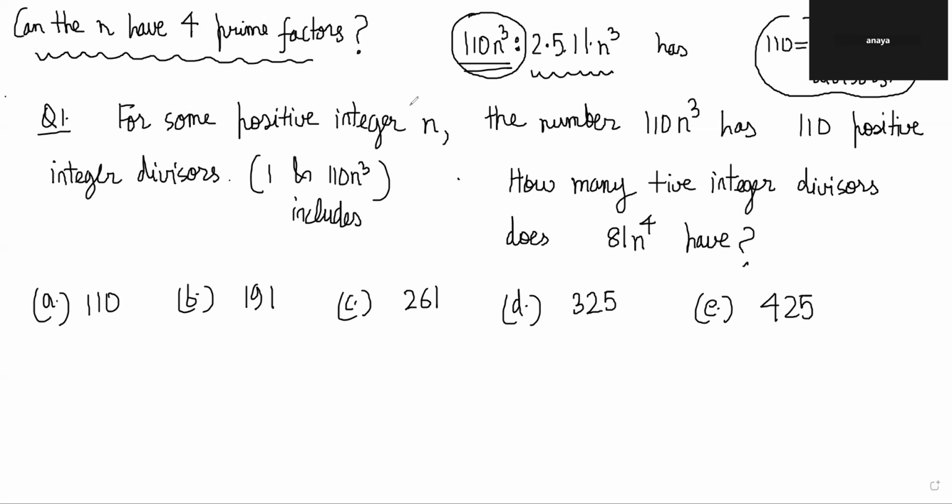Is it possible to have 4 prime factors and have this many divisors?